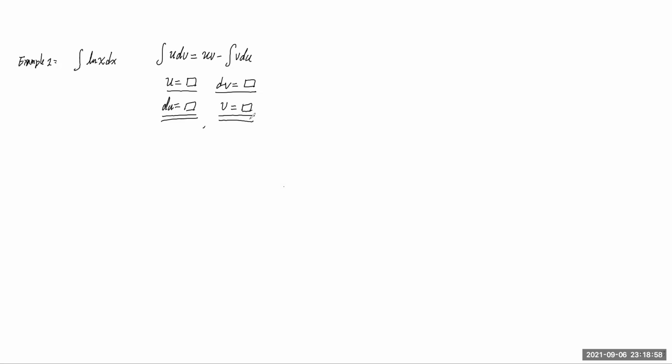So for this problem, we set u is ln x, dv is dx, and then we have du is 1 over x, and v is x.